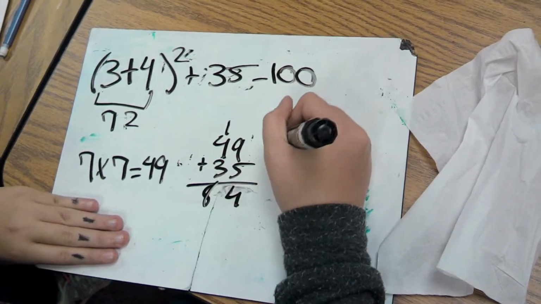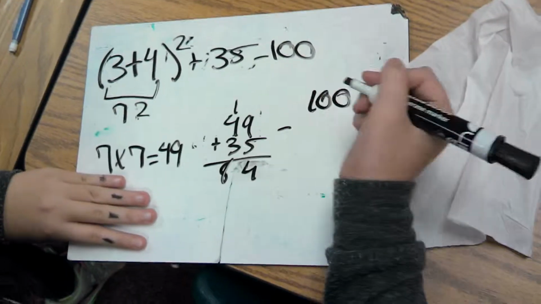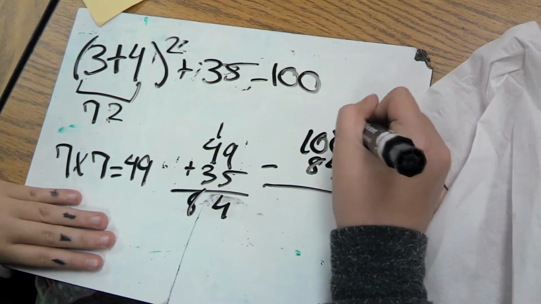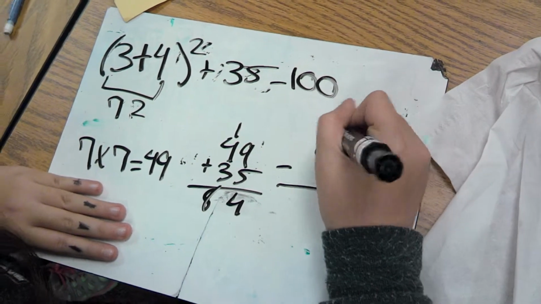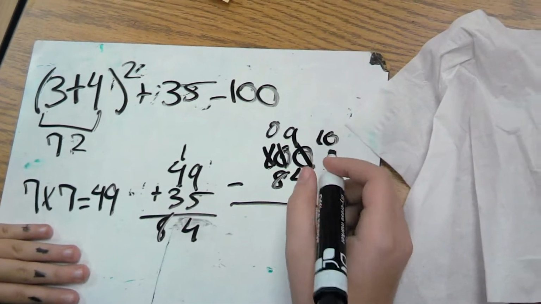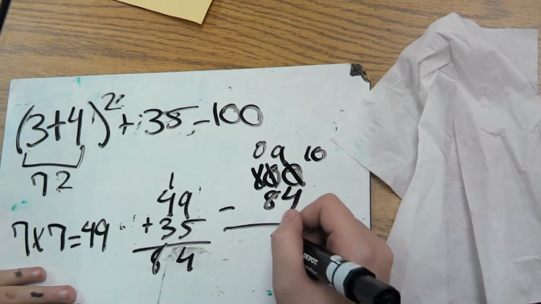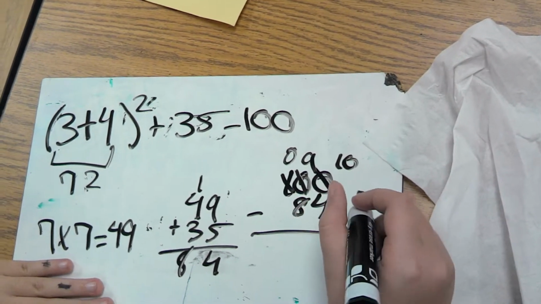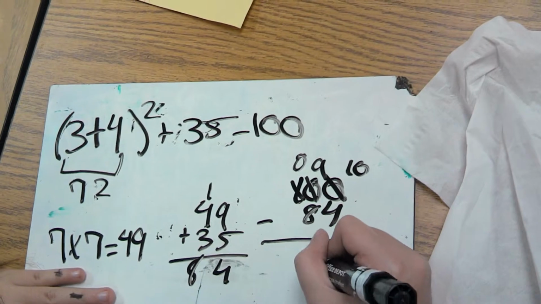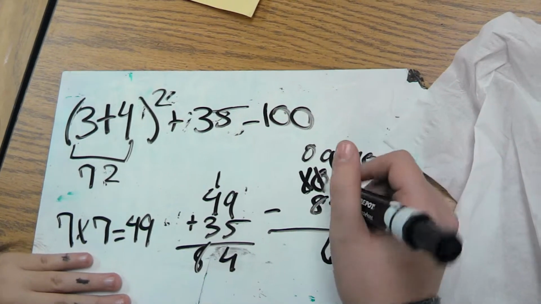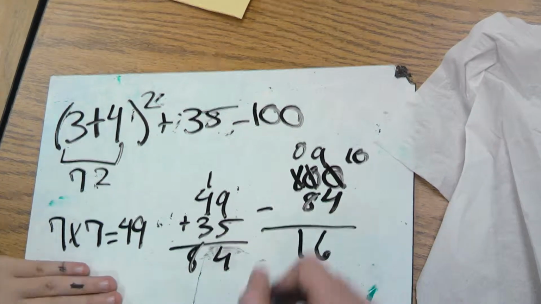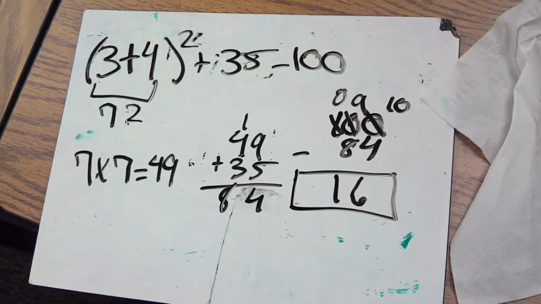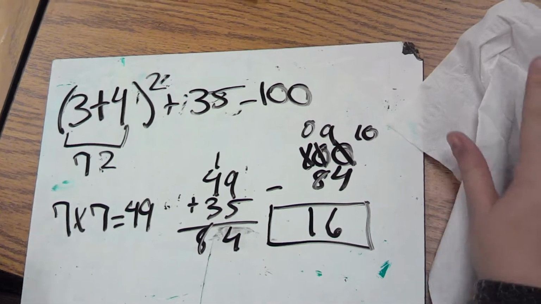Then you would take 100, subtract it by 80, give you the answer of 16. Negative.